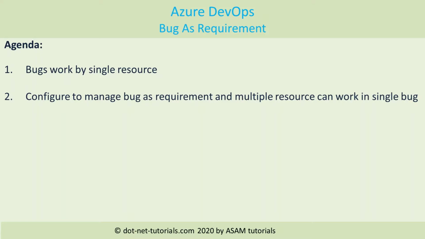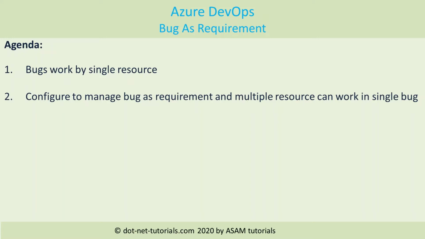The very first is that bugs can be handled by a single resource so that the bugs can be closed. The second scenario is that multiple resources can work on a bug, and only then can the bug be closed, so that each and every resource puts their effort into the bug properly.